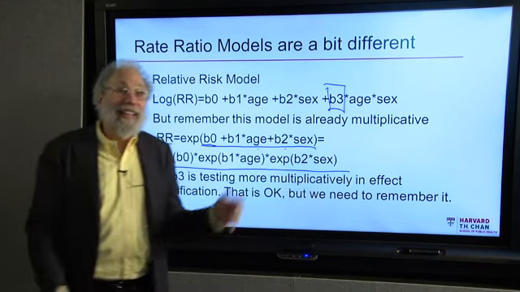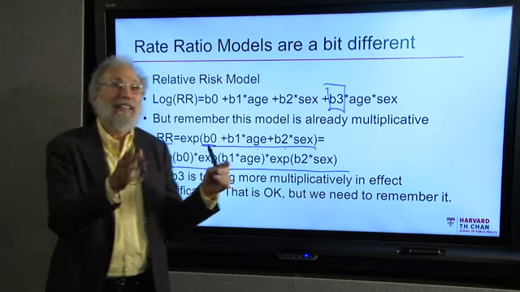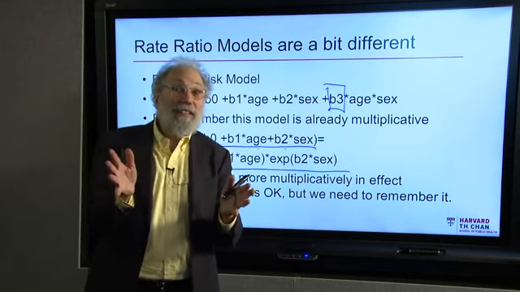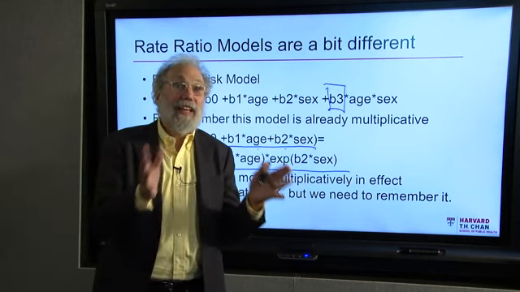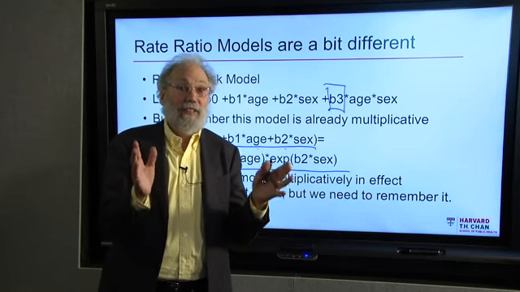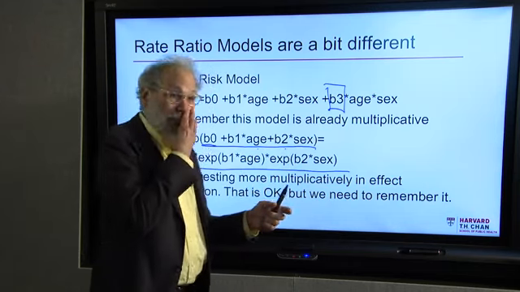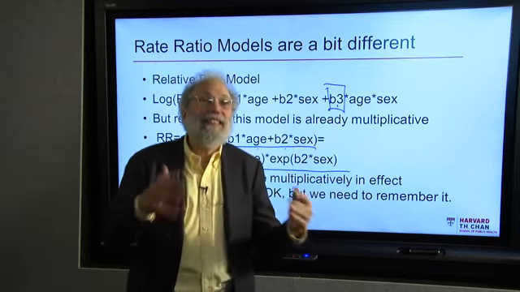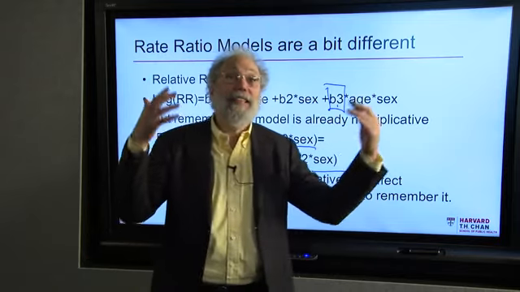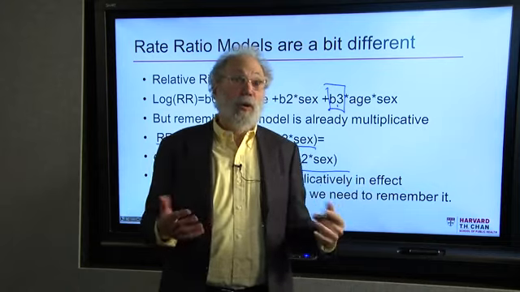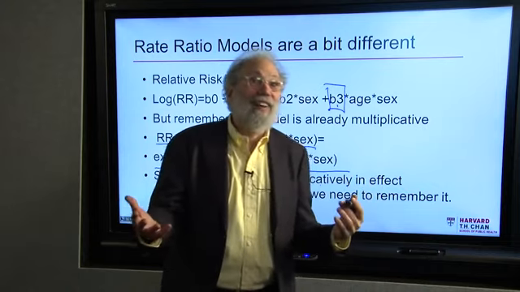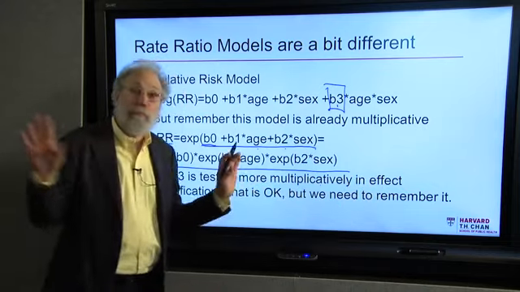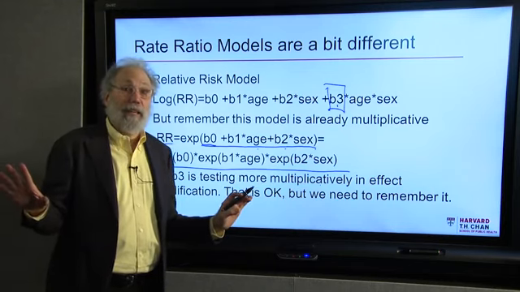So these relative risk or rate ratio models have some built-in interactions. And what we're testing with B3 is, is there more than that? Is it even more effect modification than we built into our baseline model?